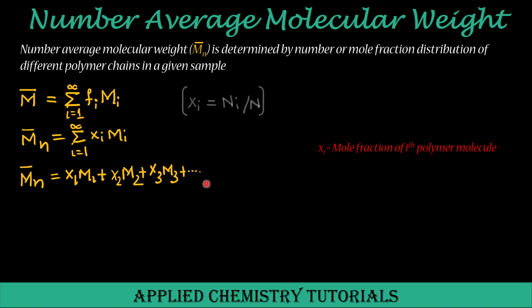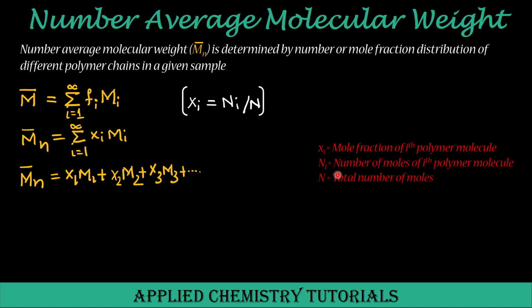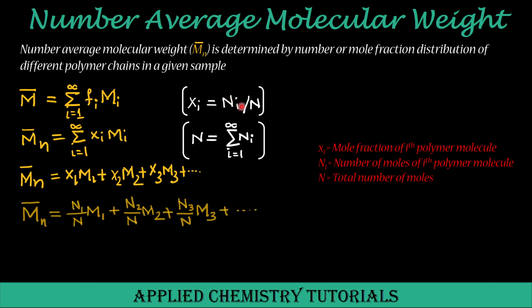Now Xi equals Ni over N, where Ni represents the number of moles of the ith polymer molecule and N represents the total number of moles. So we can write N as the summation of Ni from i equals 1 to infinity. Now if we replace the Xi's utilizing this expression, then we can rewrite it as Mn bar equals N1 over N multiplied by M1 plus N2 over N multiplied by M2 plus N3 over N multiplied by M3 and so on.